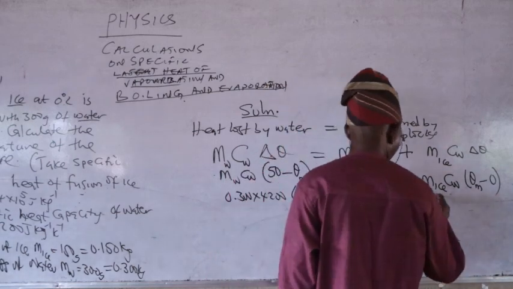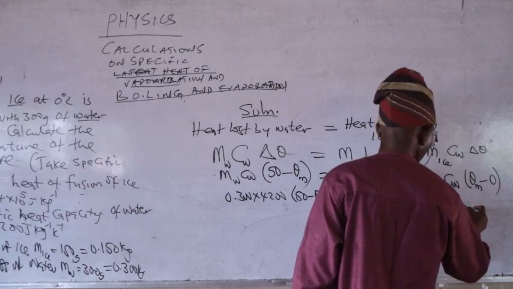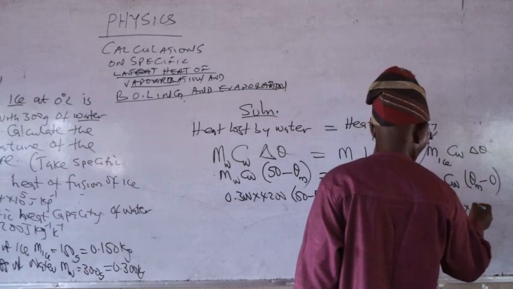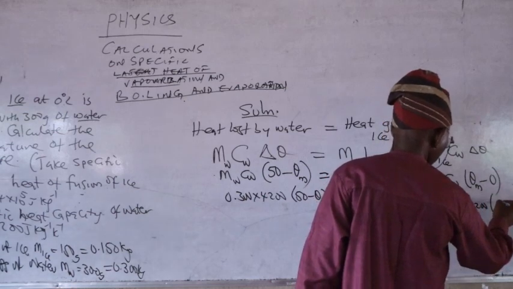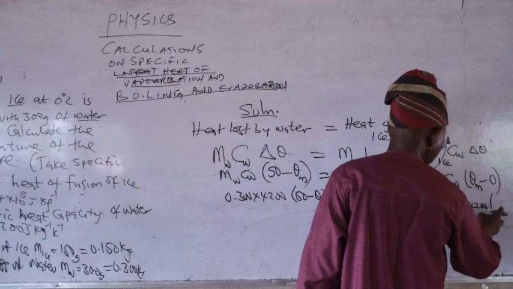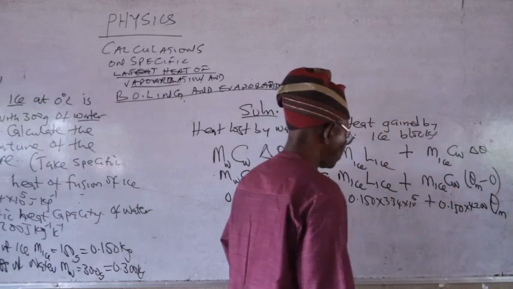That's it. Then plus 0.150 times 4,200 into theta minus 0, which will now be theta straight away, theta m. That's it.